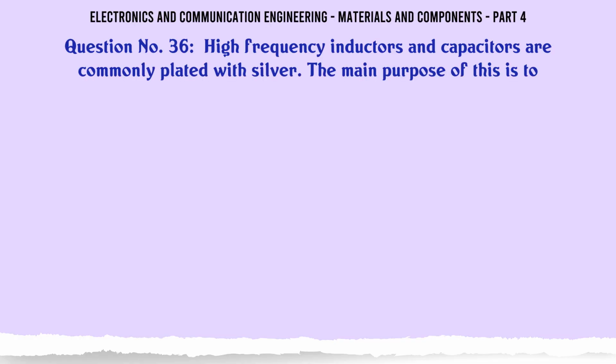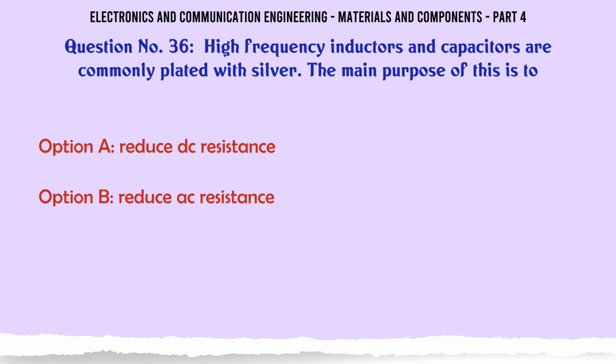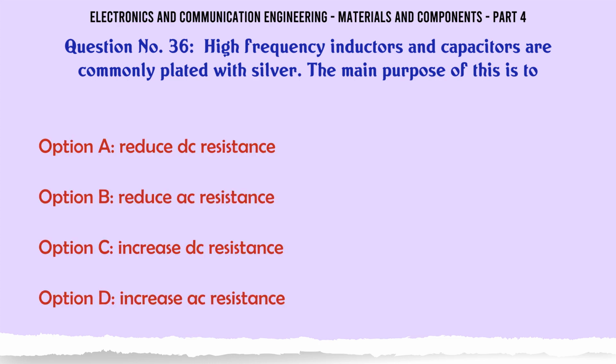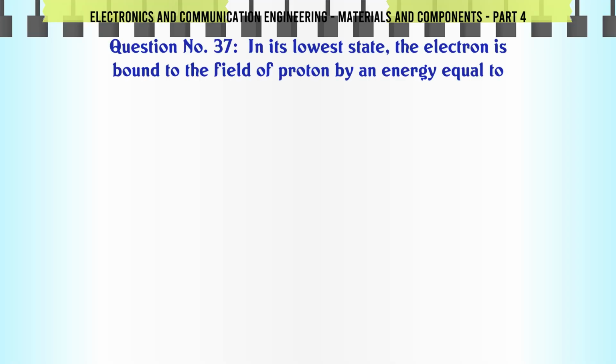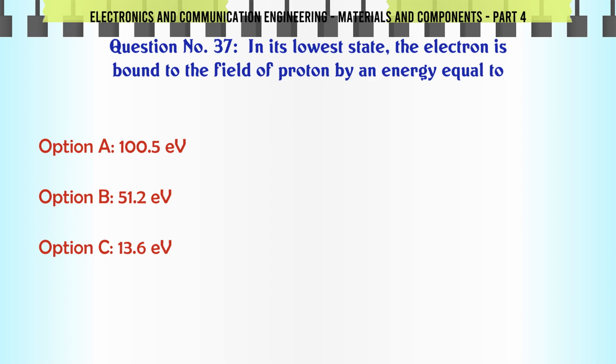High-frequency inductors and capacitors are commonly plated with silver. The main purpose of this is to A. reduce DC resistance, B. reduce AC resistance, C. increase DC resistance, D. increase AC resistance. The correct answer is reduce AC resistance. In its lowest state, the electron is bound to the field of the proton by an energy equal to A. 100.5 eV, B. 51.2 eV, C. 13.6 eV, D. 0.2 eV.